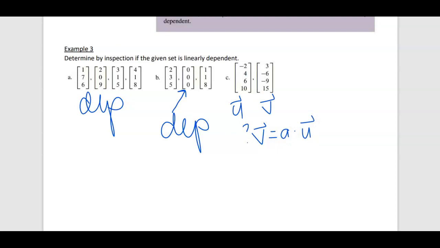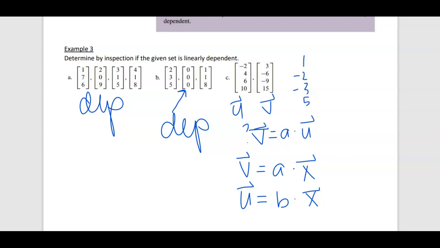One thing I also like to think about is whether U and V are different multiples of the same base vector, maybe we'd call it X. If I divide everything here by -2, I get 1, -2, -3, 5, -5.